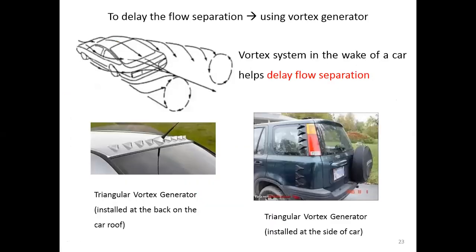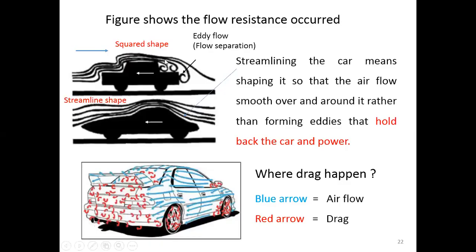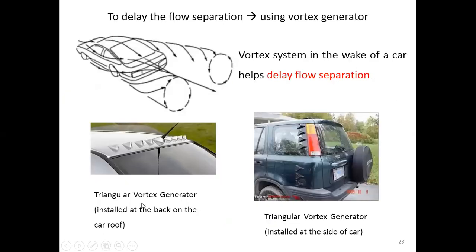Okay. All right. Now, if we want to delay the flow separation, that is the original source of the drag, because if we have the flow separation, then we have the drag here. If we want to delay the flow separation, what does that mean? When we talk about delaying the flow separation, it doesn't mean that we don't let the flow separation happen.